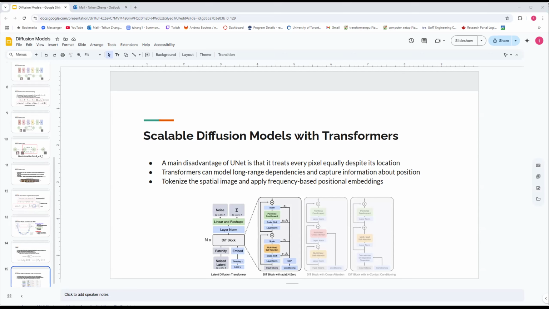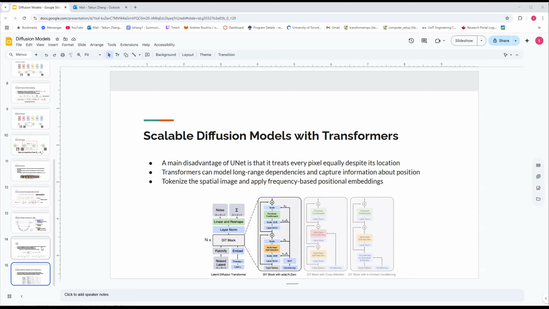That's why when you use a transformer, it treats pixels differently. So from what I've read, that leads to more accuracy and better results. And there's a paper about that, called Scalable Diffusion Models with Transformers, if anyone was interested as well.